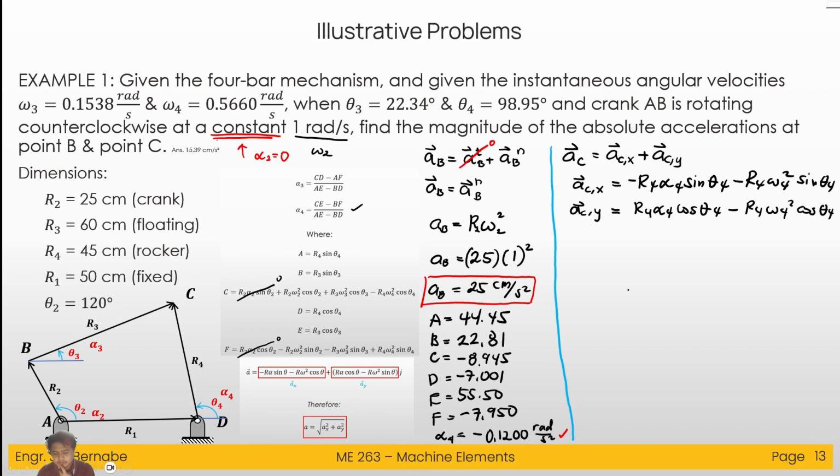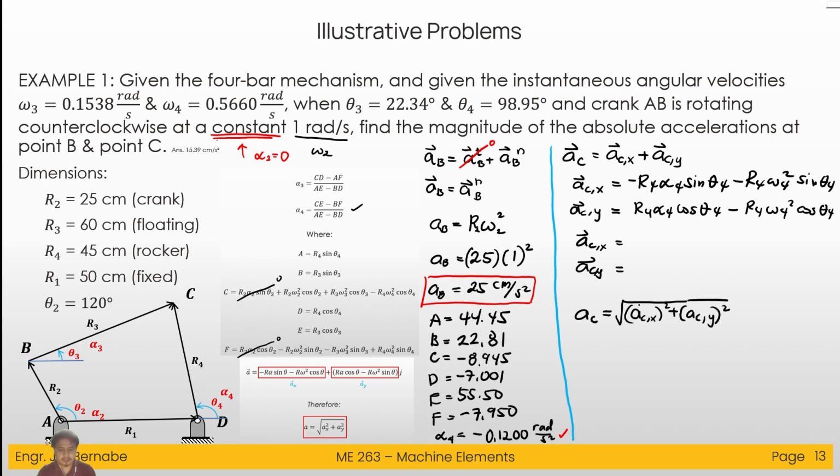So if you find this x component and y component, then you can solve this using the Pythagorean theorem to find the hypotenuse, right? So actually what we will find here is not the vector form, but the magnitude already of the x and y components. So the magnitude of the acceleration at point C is equal to the square root of these two x and y terms.